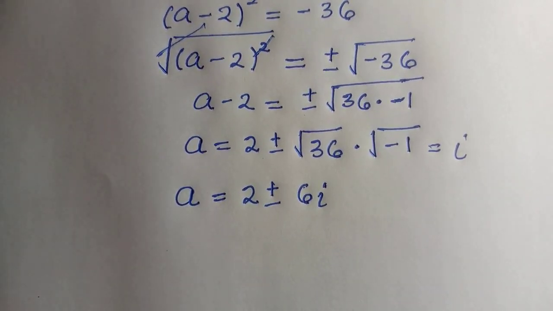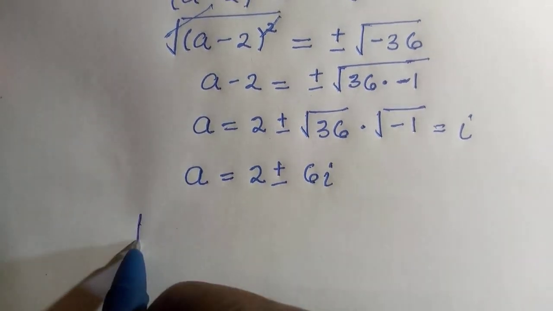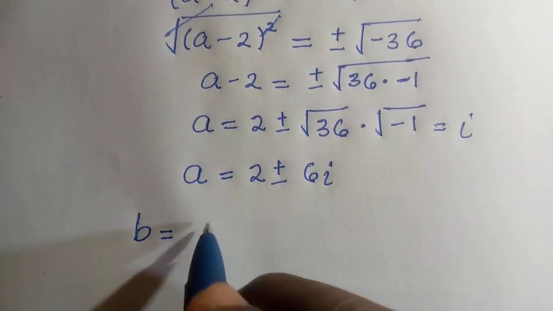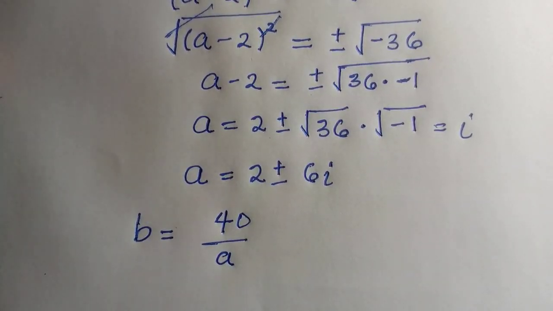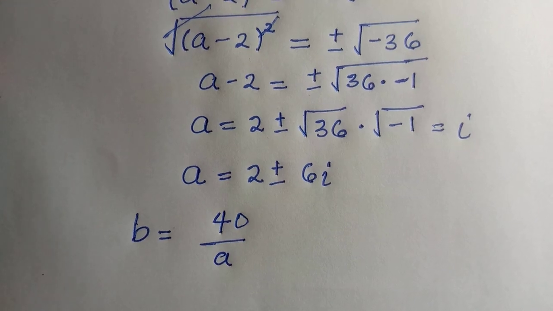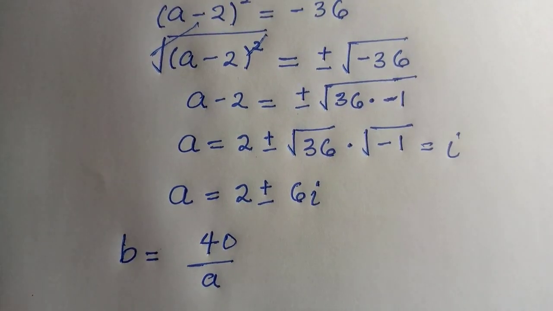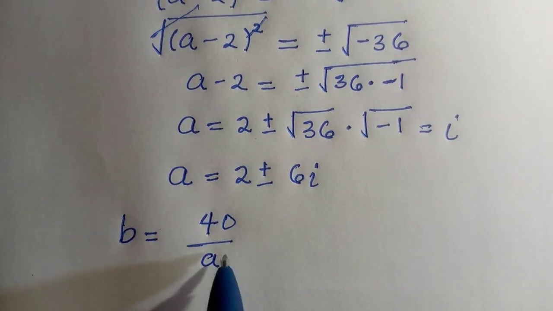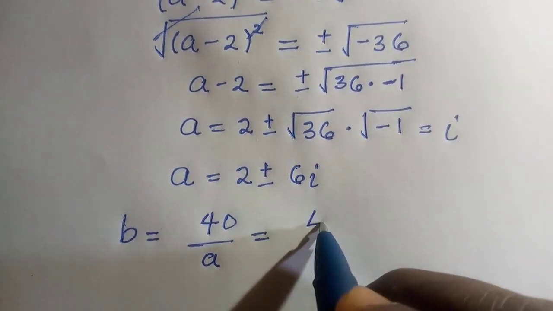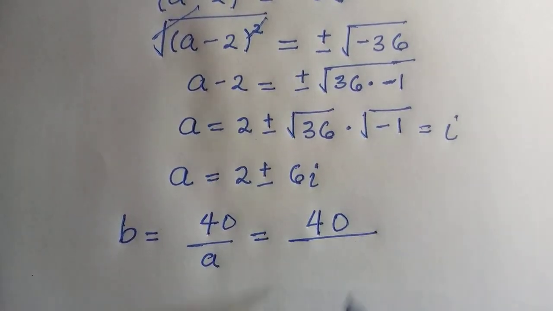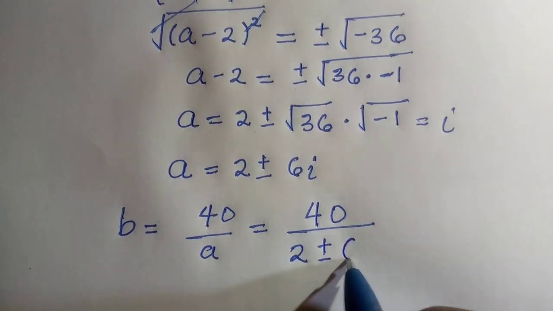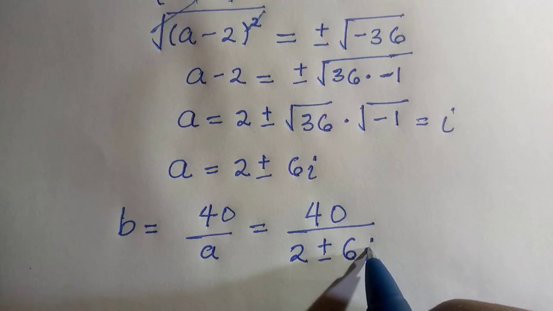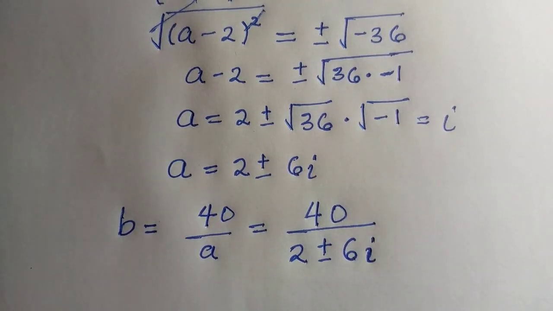We recall that b equals 40 divided by a. We substitute the value of a, so this is 40 divided by 2 plus or minus 6i.